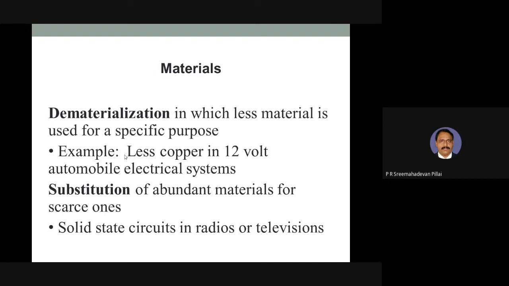And one more thing is substitution can also be there. If some abundant supply is available with you, why should you waste the rare material? Some materials may be rare. That is why now in cement production, this concept has come. Cement is normally produced from limestone and of course clay, fine clay. And limestone is of course a costly material. Fine powdered clay is also a costly material, but we get a cheaper material which is called fly ash.